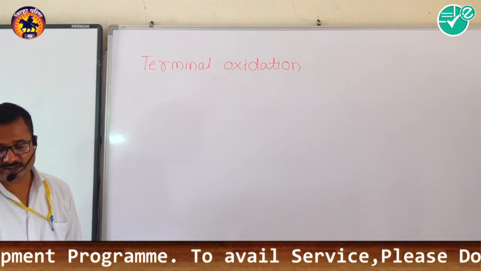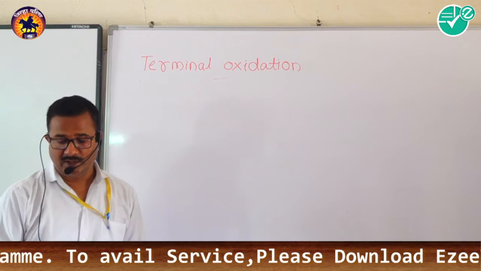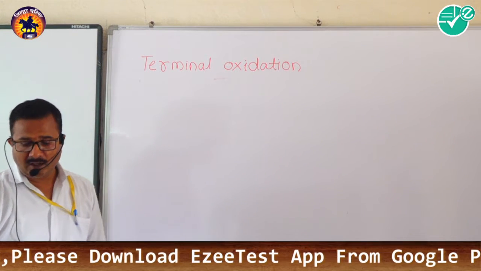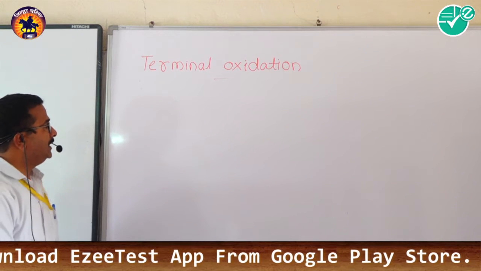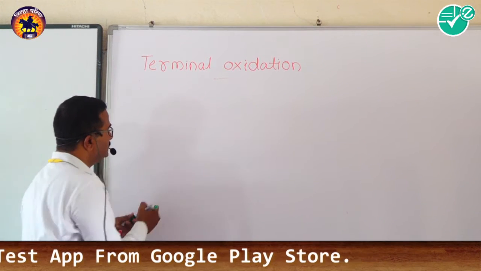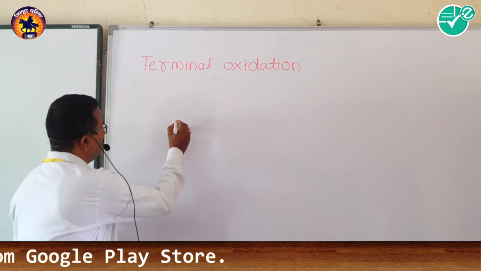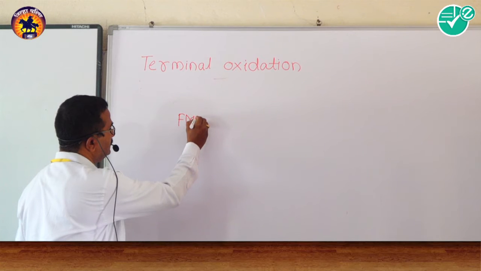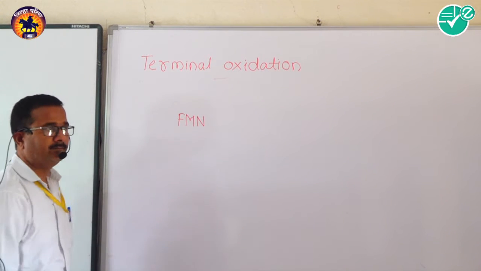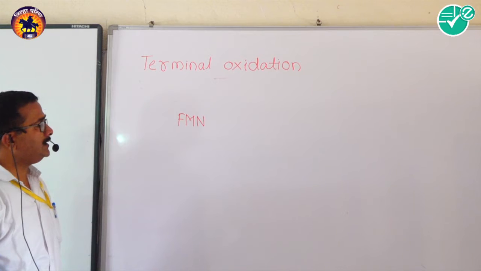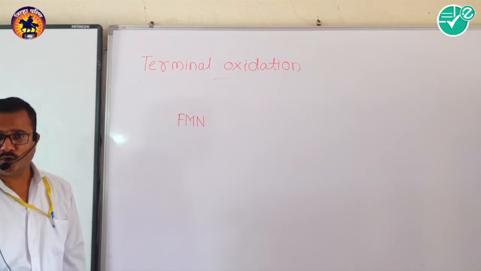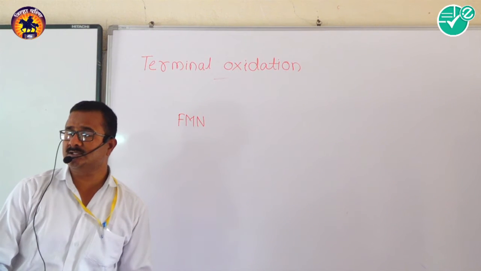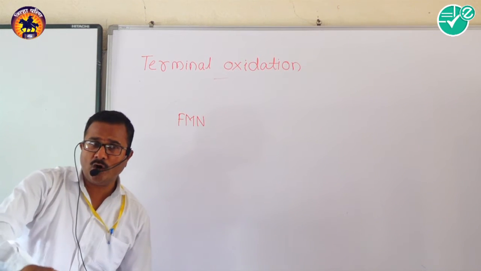How this process occurs, we discuss here briefly. The electron transfer system here includes the FMN, when this process occurs inside the mitochondria.